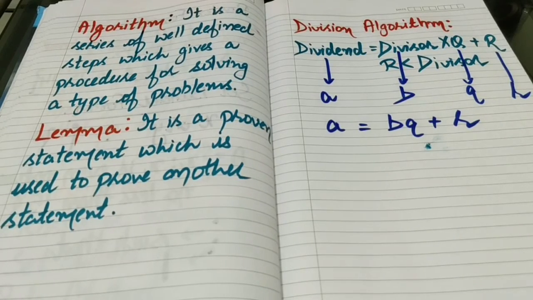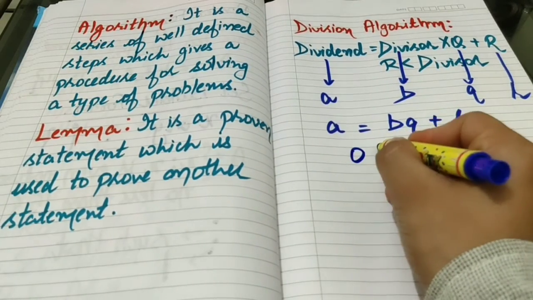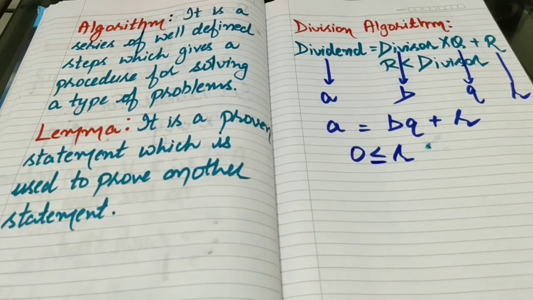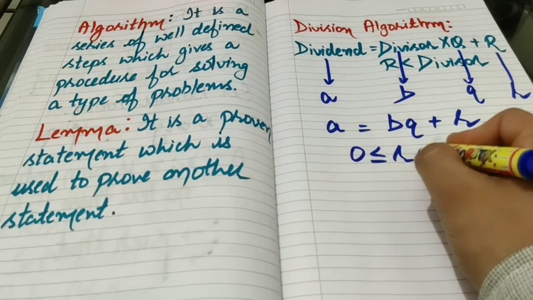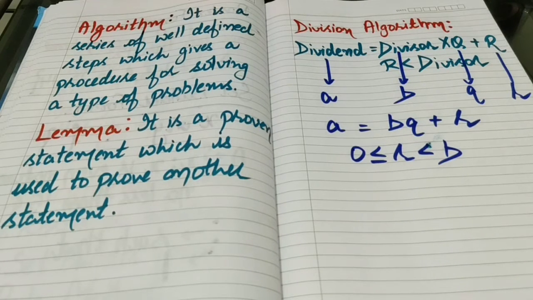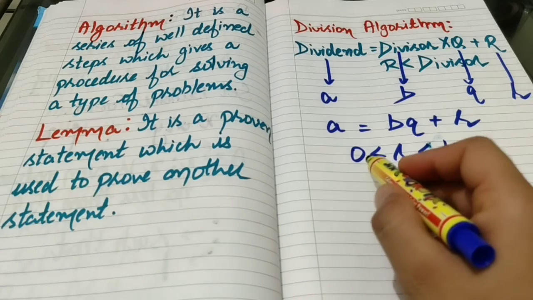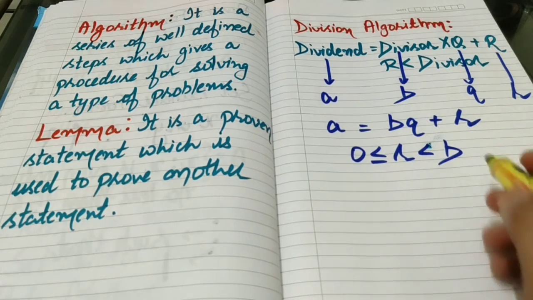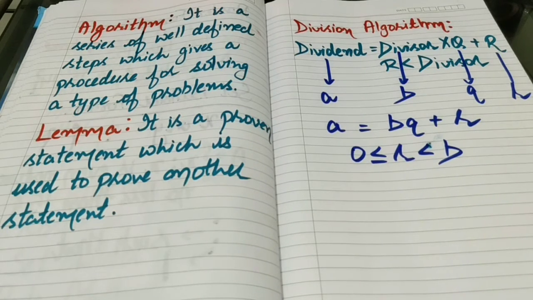And we know that remainder may be 0, remainder may be greater than 0. But remainder is always less than divisor, which is B. So we got the relation that A equals to BQ plus R, where 0 is less than equals to R is less than B. This is what we call Euclid division lemma.